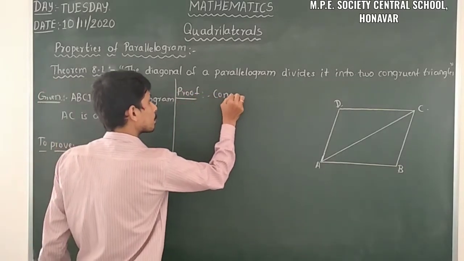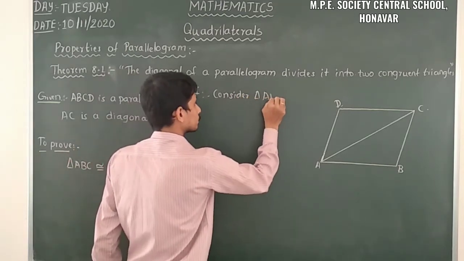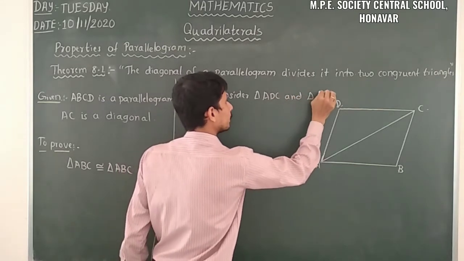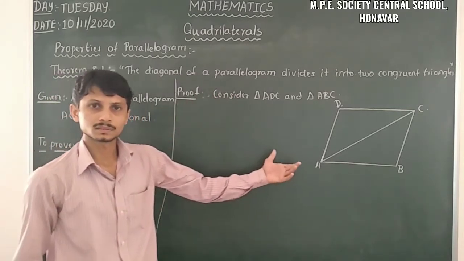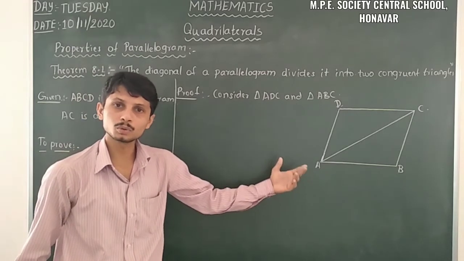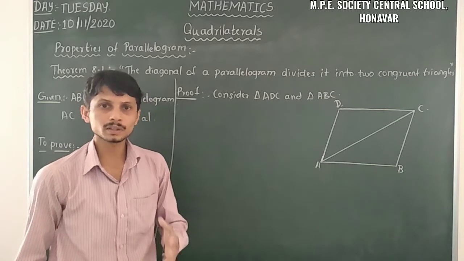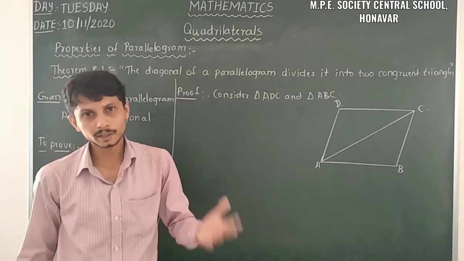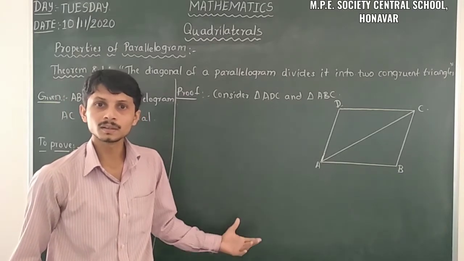Consider triangle ADC and triangle ABC. You know how we can take the two triangles and what possibilities we can find out. Try this at home, pause the video here, try to do it, and after that you can verify with my proof.